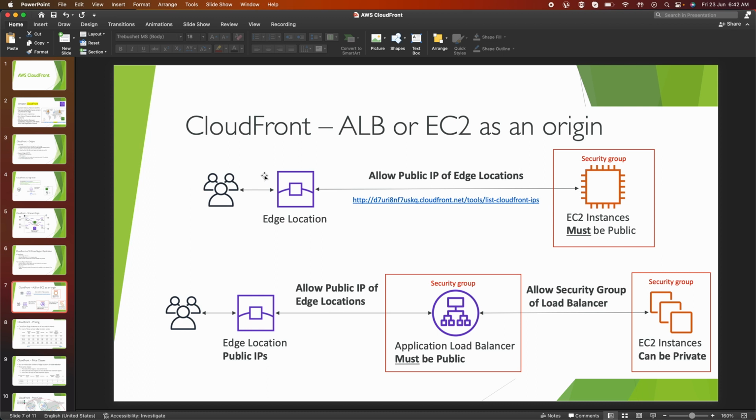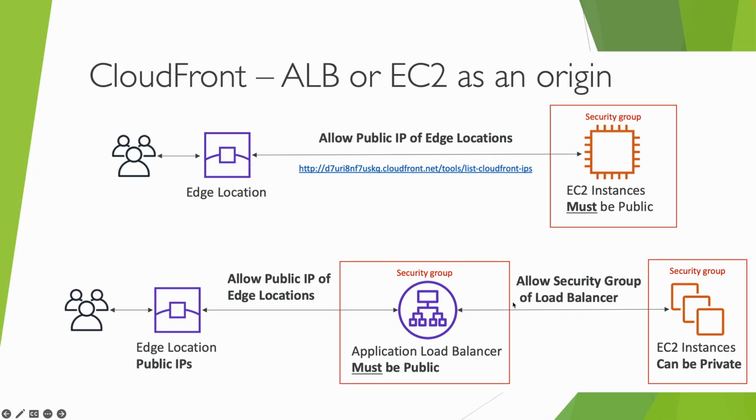We can also use CloudFront with an application load balancer and EC2 as origin. In the first one, we can use the application load balancer or EC2 as an origin for CloudFront. We have a set of users who want to get the EC2 instances.